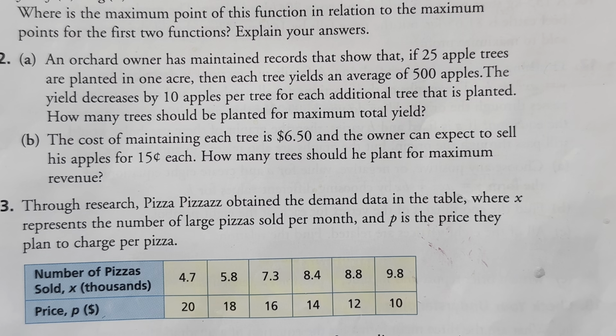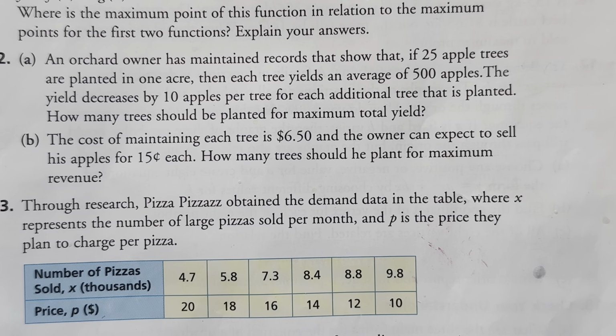So, in my opinion, the word revenue should be changed to profit. Because the cost of maintaining is given in part B, then more logically, you want the income subtract the cost to get the profit, right? So in my opinion, the word revenue should be changed to profit.